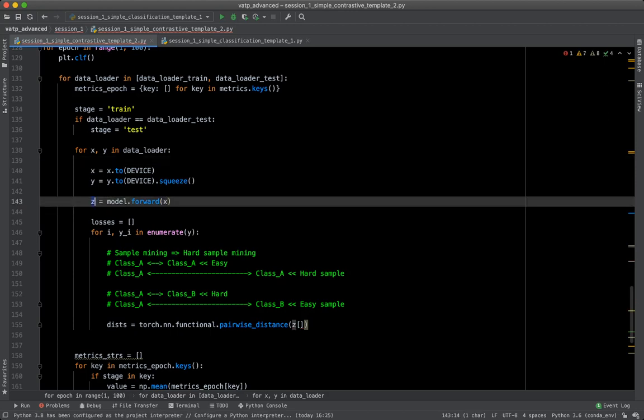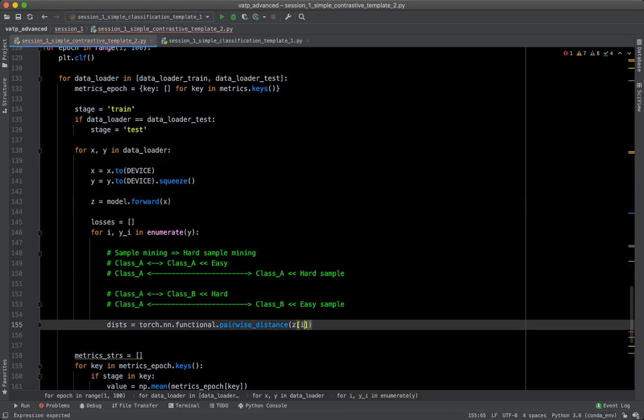So here, if I select the i here, of course I need to expand it to the same dimension as all the other z's that I will compare it to. So I go one by one sample and calculate the distances to all other samples in the batch. So we are always looking just in the batch. There are also some proxy procedures where you can look outside the batch as well, but that will just make it more difficult now.